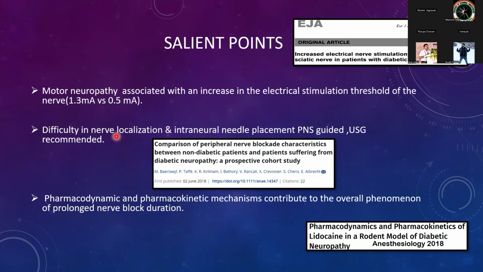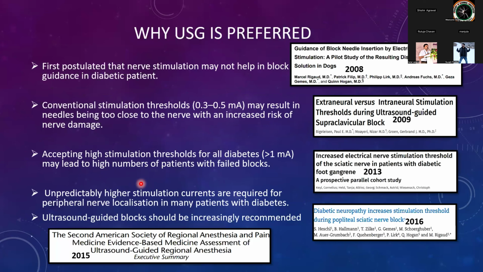Also, they found that there was difficulty in nerve localization and intraneural needle placement in PNS guided blocks, and ultrasound was recommended for this. And also the pharmacokinetic and dynamic mechanisms contributed to the overall phenomenon of prolonged nerve block duration.